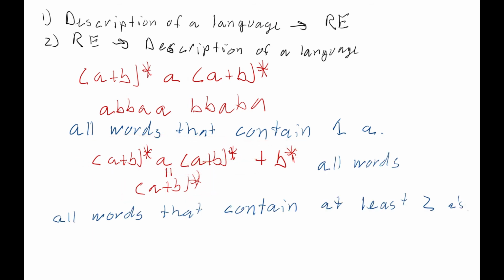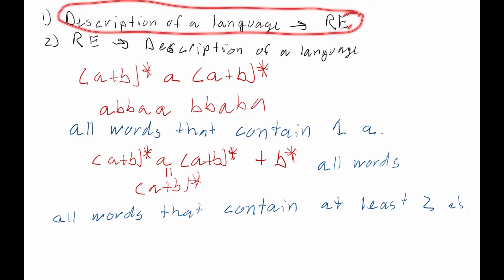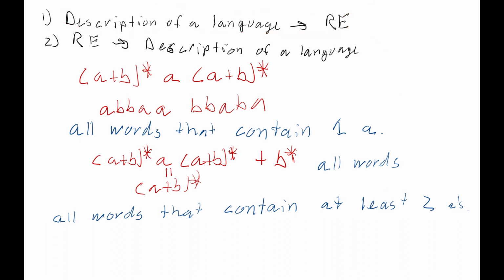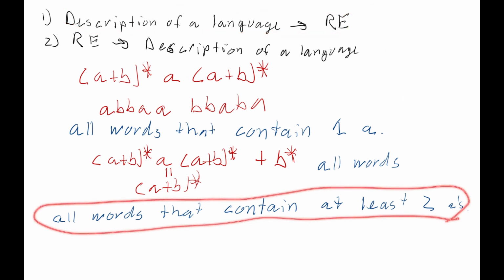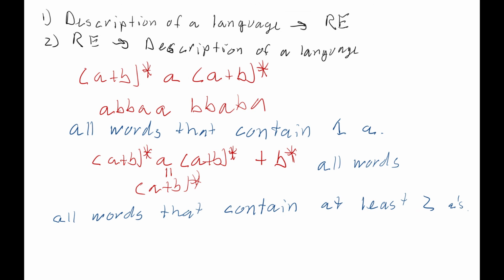Now let's try to do this first task, where we start with a description of a language and try to generate a regular expression. So here's our description of our language: all words that contain at least two a's. So how might we do that? Well, if we know that we want a letter to be in it, we can just write that letter down. And now we know that we want two of them.